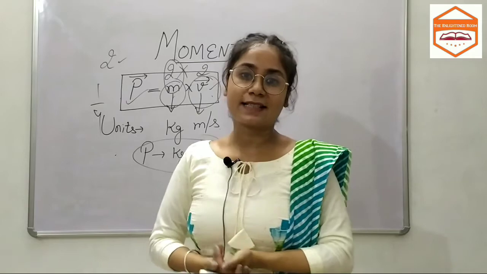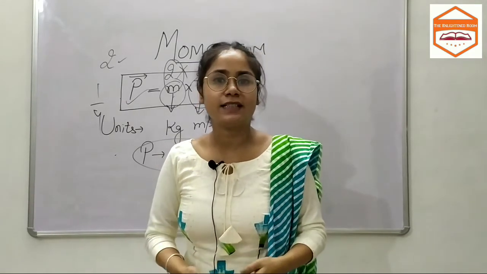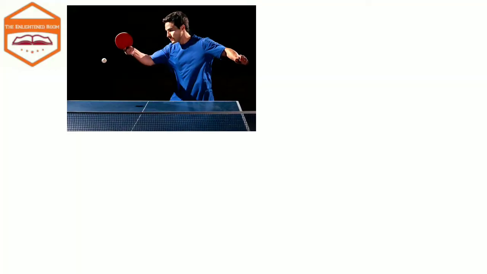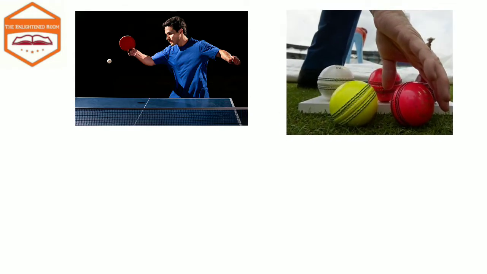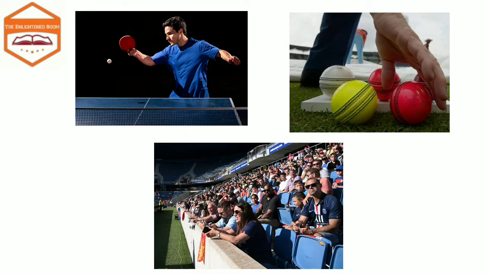Now let us discuss its physical applications, or how we see it physically. Well, you would have seen that in the game of table tennis, if the ball hits a player, he is not hurt. But when a cricket ball moving at the same speed as the table tennis ball hits a spectator, he is hurt.